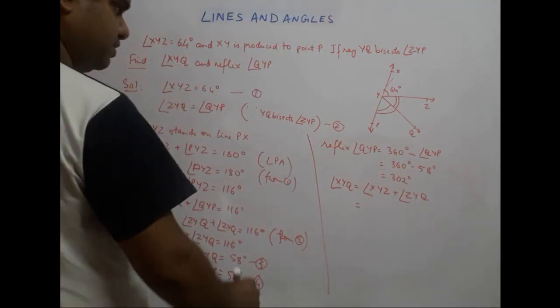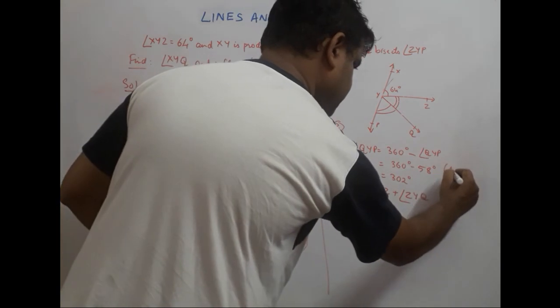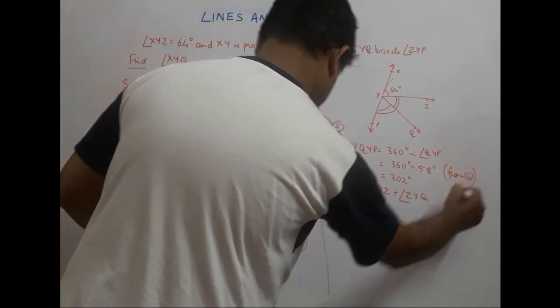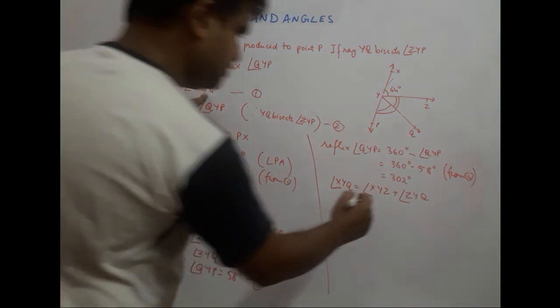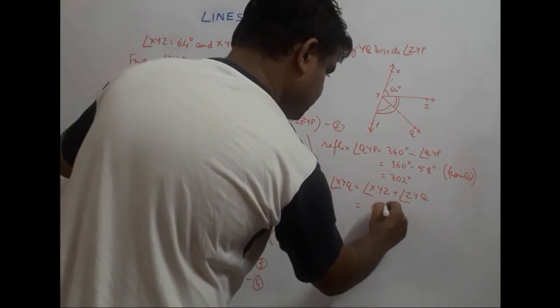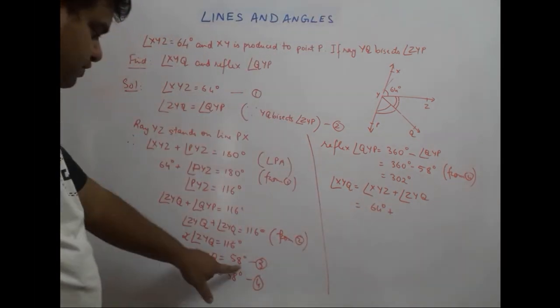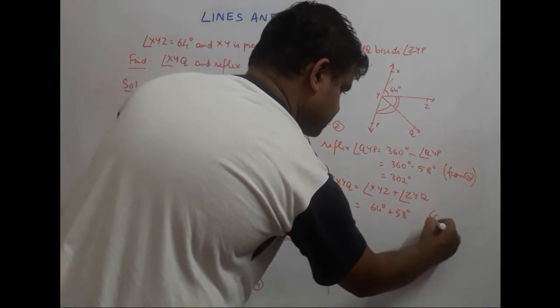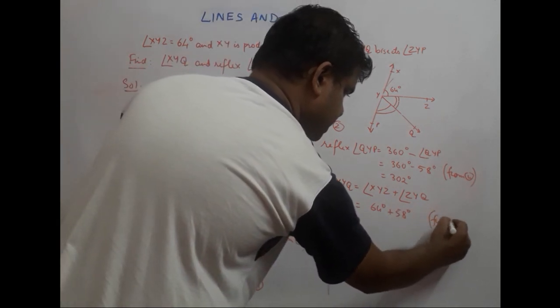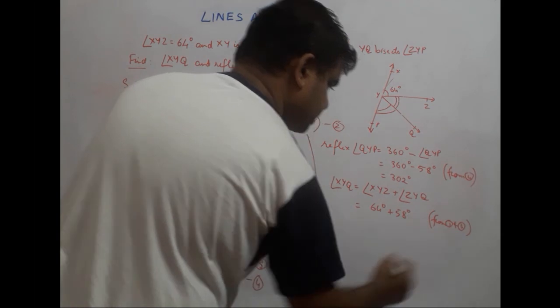From 4, XYZ is given as 64 degrees, plus ZYQ which we know as 58 degrees. So we can say this is from 1 and 3.